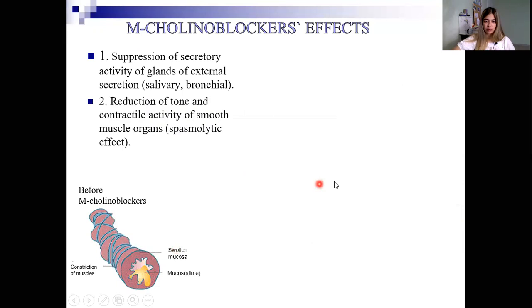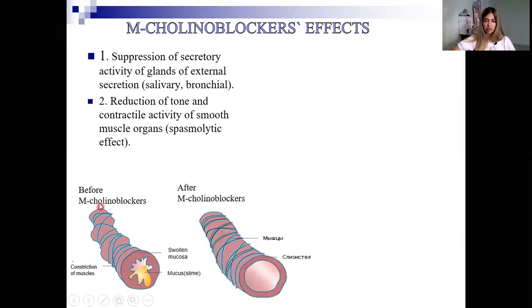So here you can see, before M-choline blockers, the muscles are contracted and a lot of mucus is here. After the M-choline blockers, the muscles go relaxed and the mucus goes drier, because less mucus will be secreted from the glands.